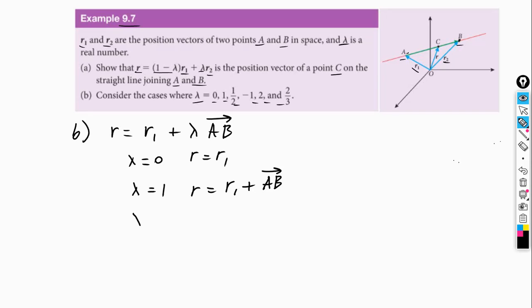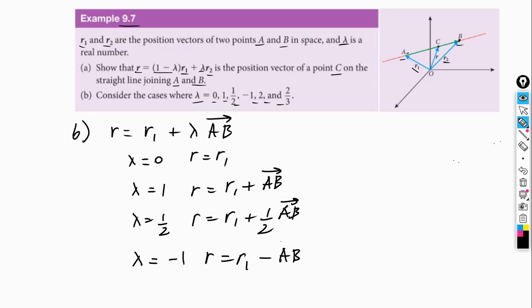When lambda is 1/2, we would get that r is equal to r1 plus 1/2 vector AB. So C would be the midpoint of AB. If lambda is equal to -1, then r is equal to r1 minus vector AB.